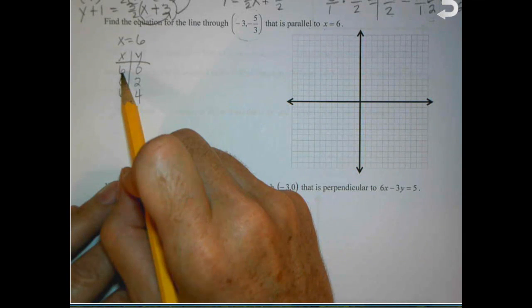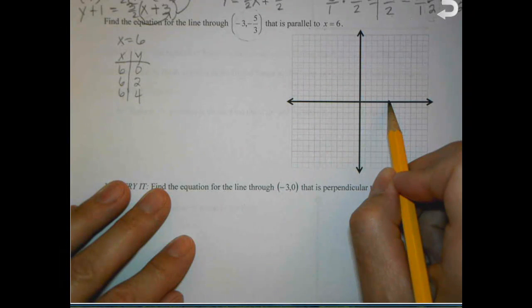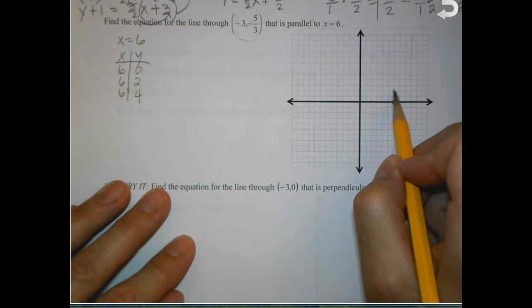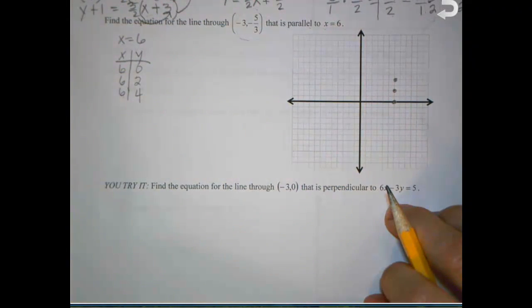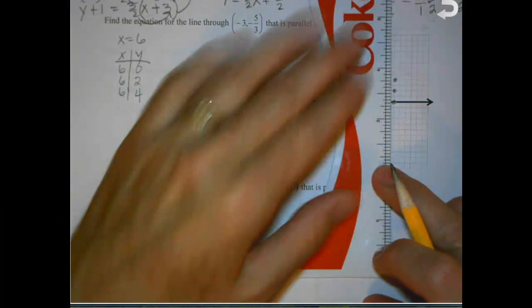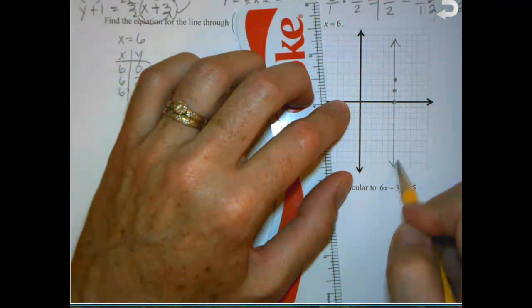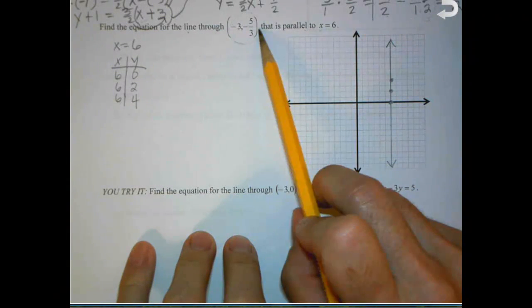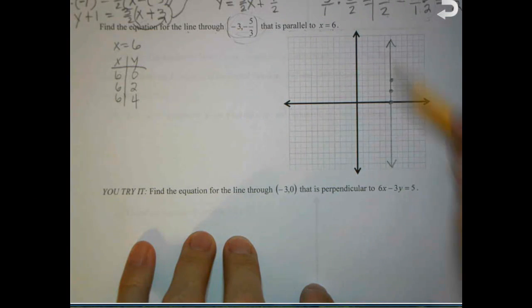So then I can graph it, (6, 0) right there, and then (6, 2), and (6, 4). So I have a vertical line, and if I'm looking for a line through here parallel to the x equals 6, it's also going to be vertical.